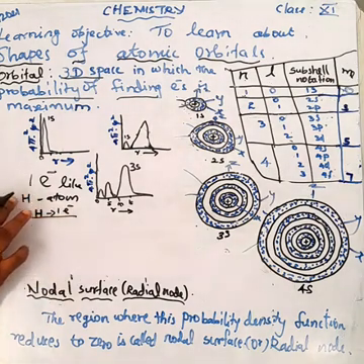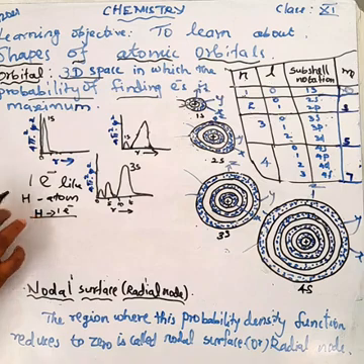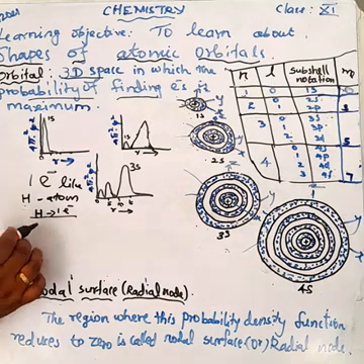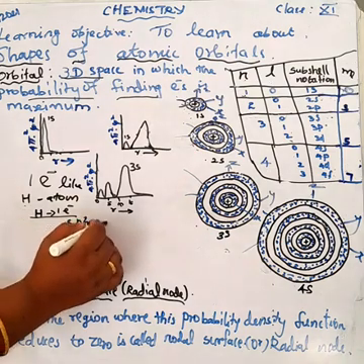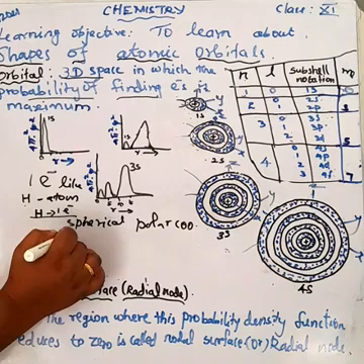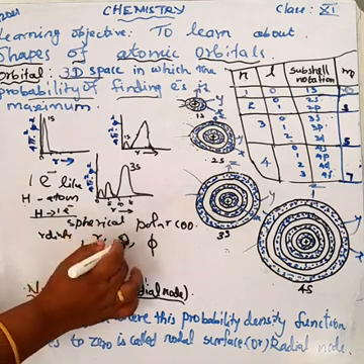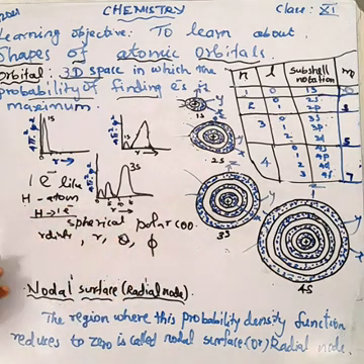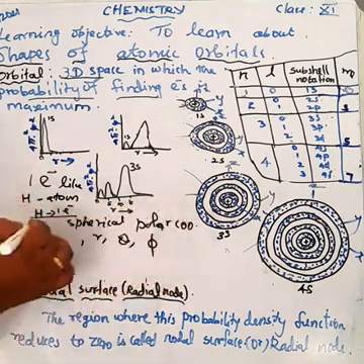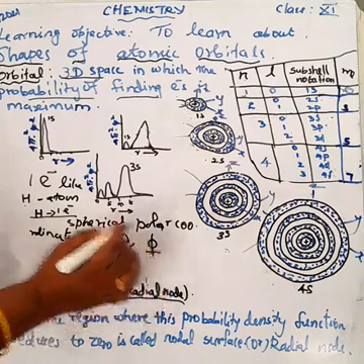What are spherical polar coordinates? They are r, theta and phi.